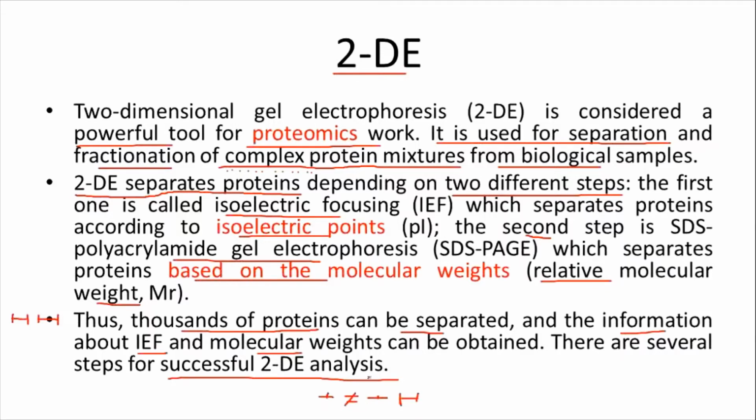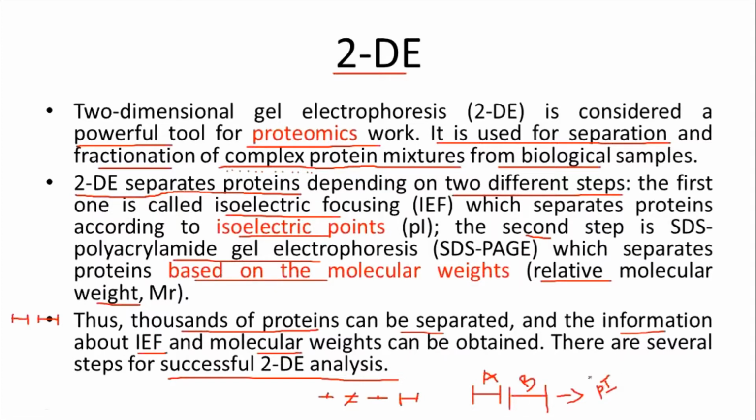Yes. If you take proteins with the same molecular weight, consider this is an A protein and this is a B protein. You take A and B proteins, but these two have the same molecular weight. But these two proteins do not have the same pI; the pI is different between A and B.